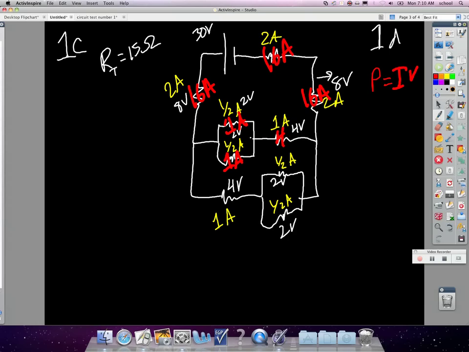So now we go through and condense. So remember, what's in series is inverted. What's in parallel is normal. So from this, I do this. That's going to be 70 still. That's going to be 70.